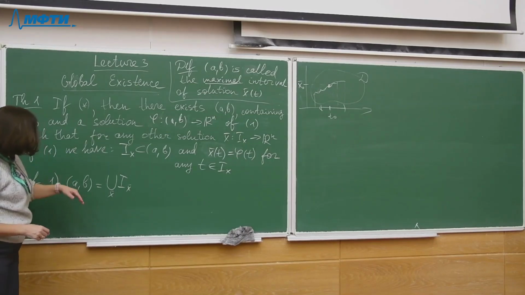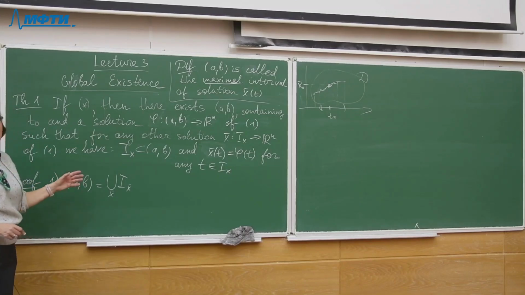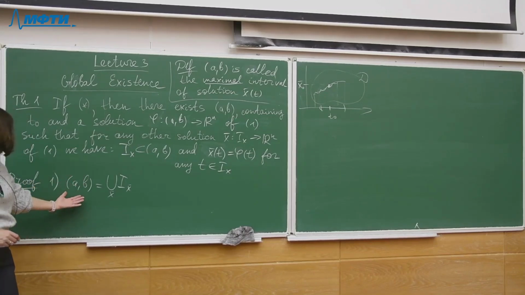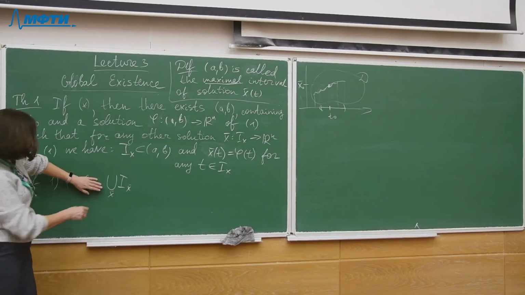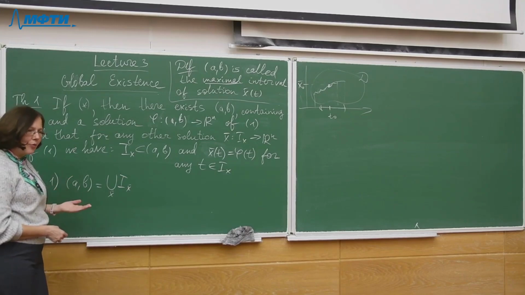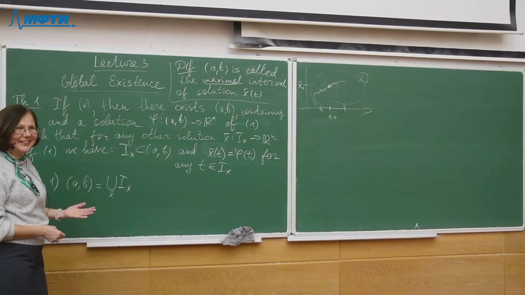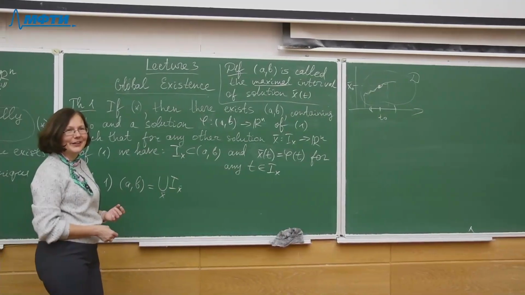Right. Now, first of all, let's discuss why is it an interval? If we take the union of all possible intervals containing t0, is it true that this is an interval?